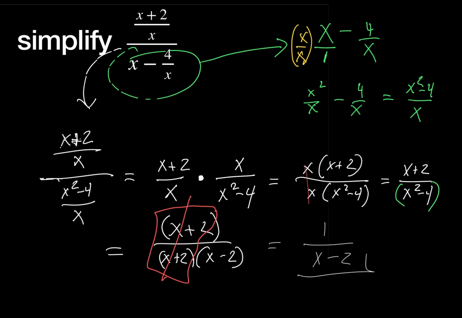Now, I am finished. Mistakes that I see people make, if you look over here, they'll try to take this x and reduce it with that x. Cannot happen. This x has subtraction attached to it. We can only reduce when we're multiplying, which is why down here, this was multiply, this was multiply.